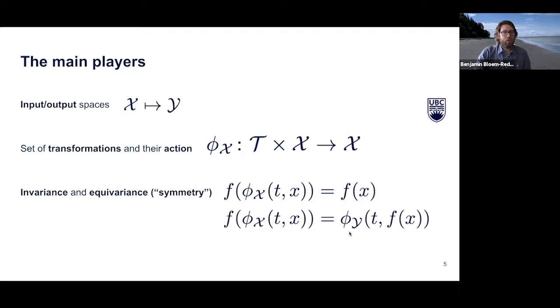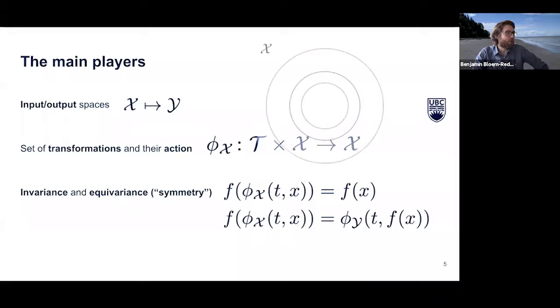Okay, so how this set of transformations acts on the input and output space might be different, but this is the basic idea. Okay, so these are the two notions of symmetry, and I'll just use the word symmetry here when I can. If I need to distinguish between the two, then I will actually say so. Okay, so these are the main players in actually setting this up mathematically.